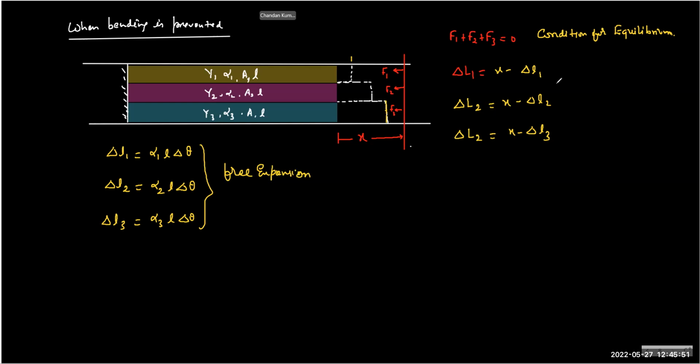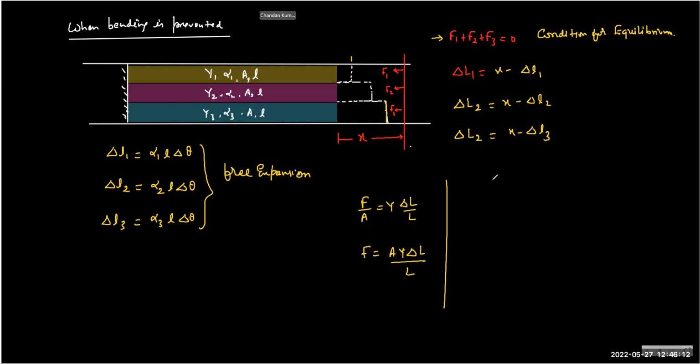But here you can see that everyone will deform like this, and therefore force upon area equals Young's modulus times strain. You can write force equals A Y delta L by L. Now apply this formula to this equation.